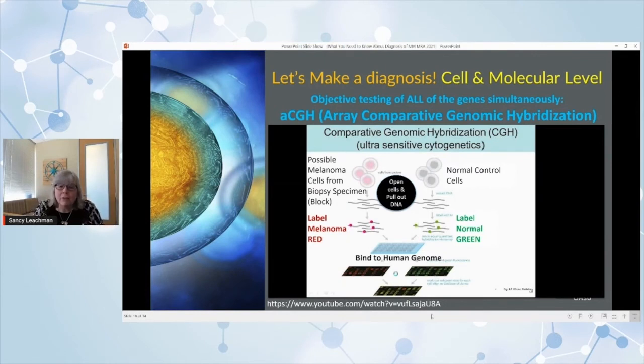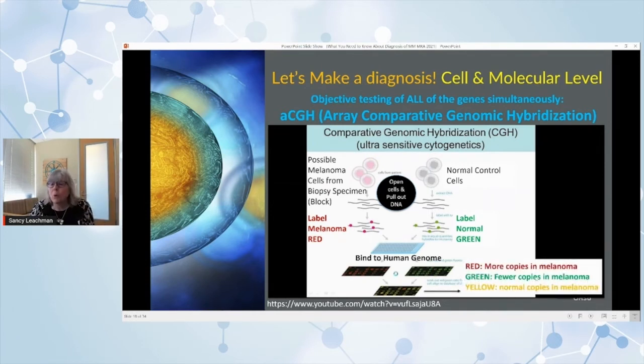So if you have a red spot, that means you've got more of that kind of DNA in that possible melanoma, in that part of the genome. In that 100,000 base pairs, you've got more of that particular gene in the possible melanoma than you do in the normal. Whereas if it's green, that means you have less of the red. And if you have a yellow color, then it's about the right amount. That means they're about the same. So again, if you have a red color, there are more copies in the melanoma.